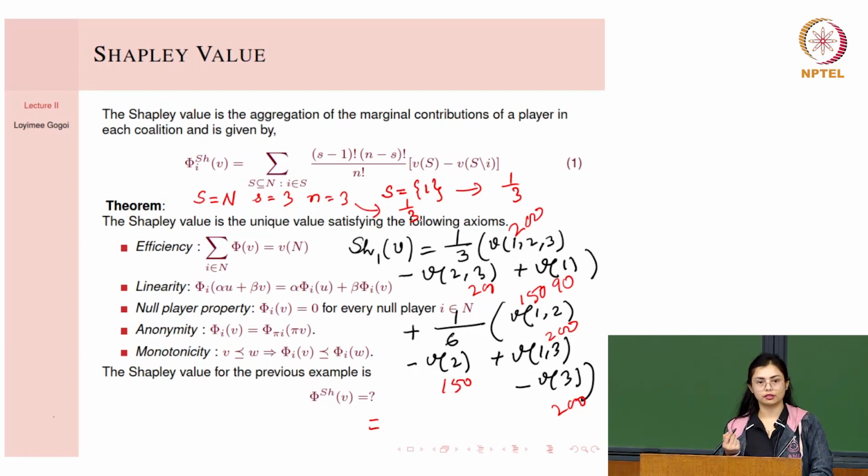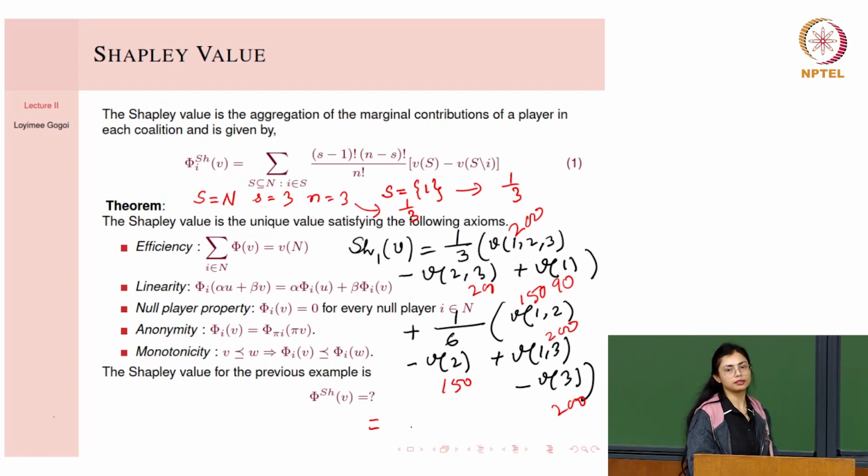Have you got any answer for any particular player? So, here for the one player, all are cancelled out. So, it is 90 by 3, right?